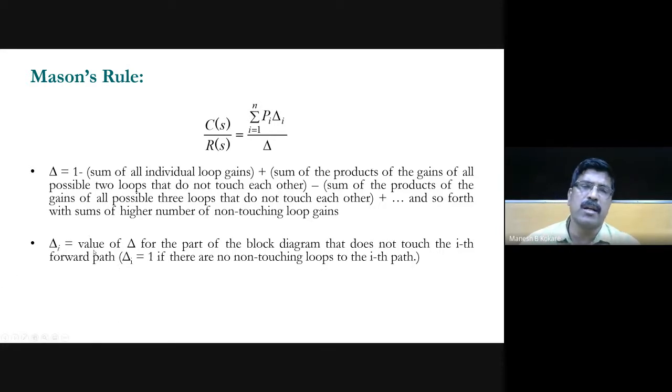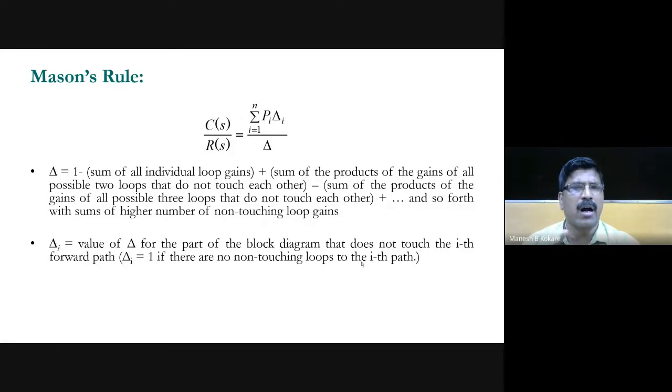Now, if all the loops are touching that forward path, then the whole sum will be 0 and only 1 will remain. So delta i will be equal to 1 if there are no non-touching loops to the ith path, right?